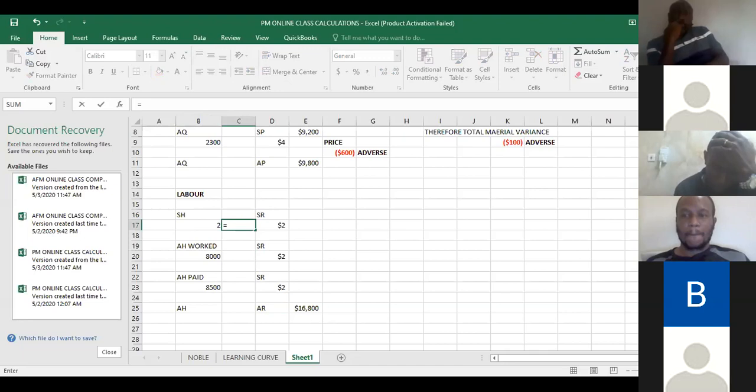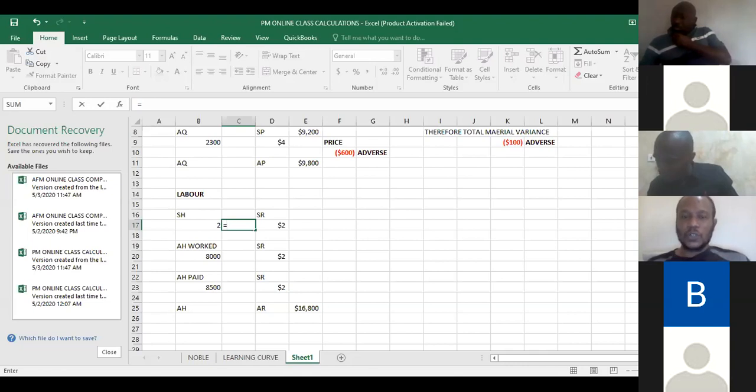Actual units produced for the period. How many units did you actually produce? 4,850. That's what I want. Do you understand now? It's 4,850. That's the actual number of units you produce.